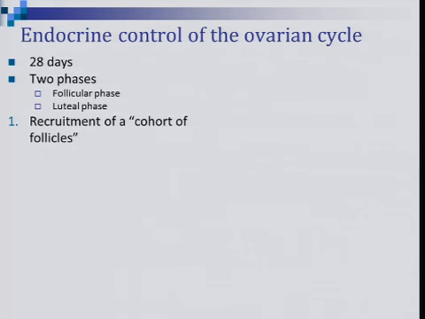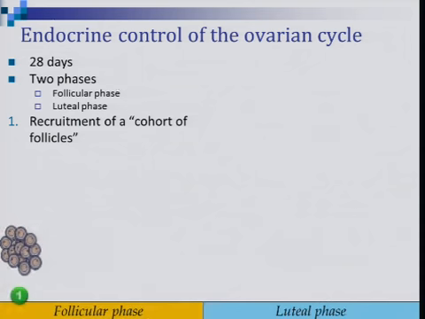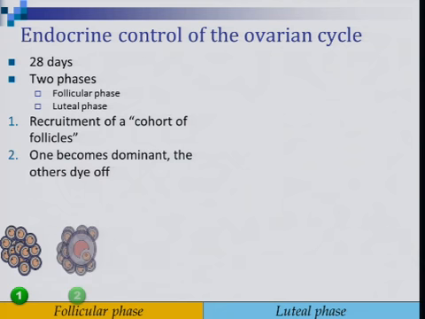The follicular phase starts with the recruitment of a cohort of follicles. So this is a group of follicles within the ovary that they come in as a group. Each has an immature oocyte in it. Okay? One of these will become dominant, and it will be the one that develops an oocyte.